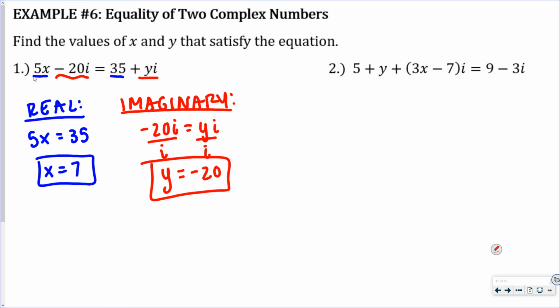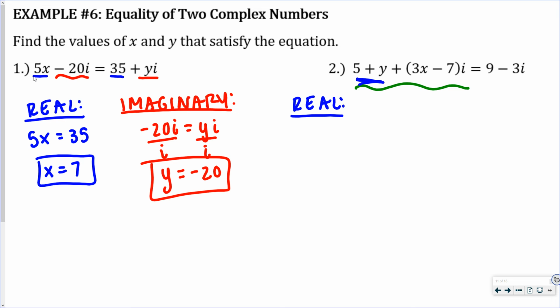Let's try one that's a little bit harder. You just got to find x and y. Look, my variable's on the same side this time. Look at this whole complex number over here. Which part is the real part? 5 plus y, right?